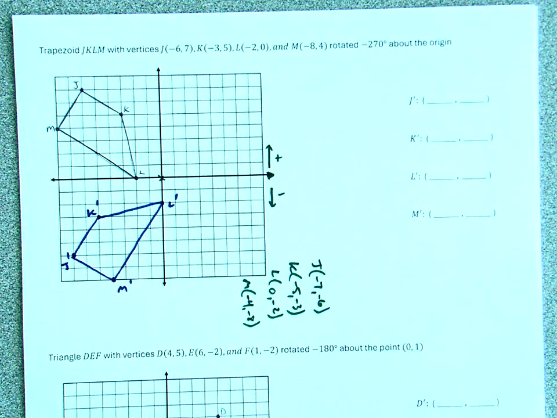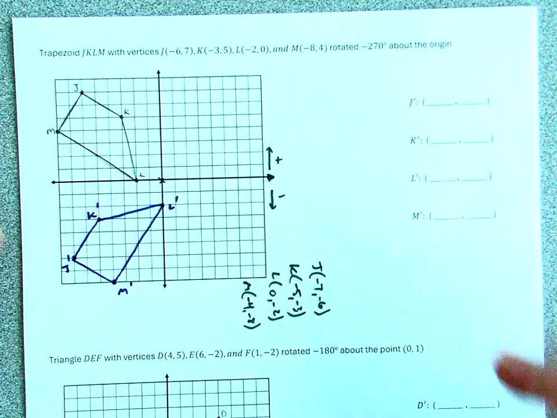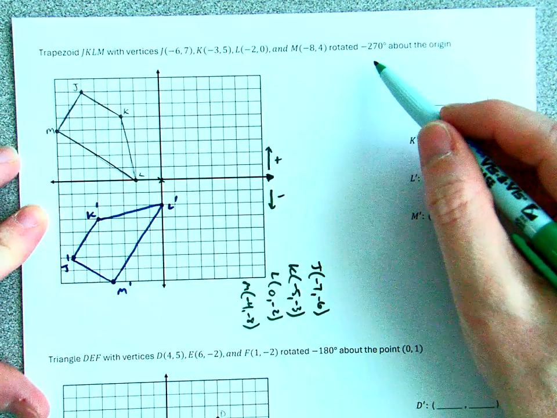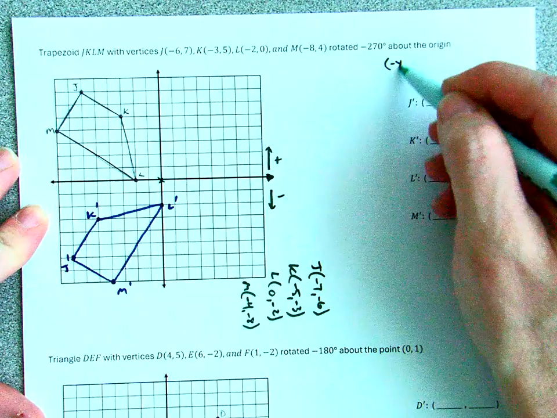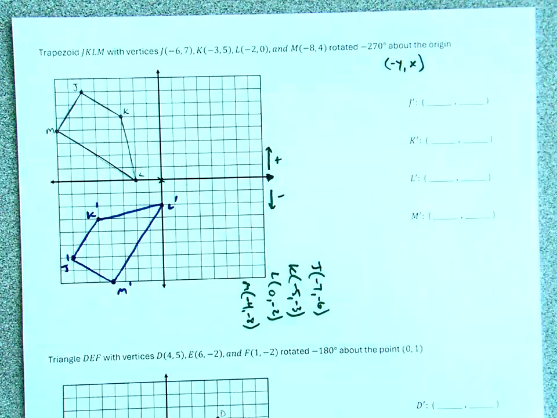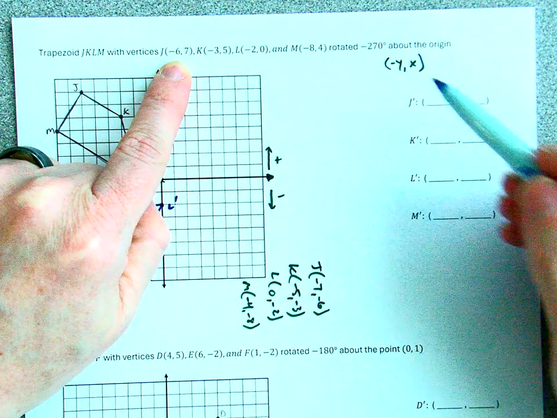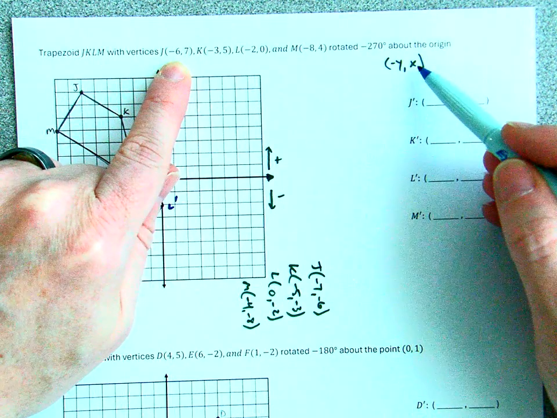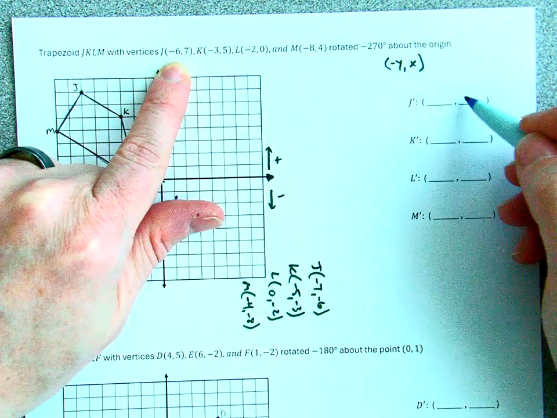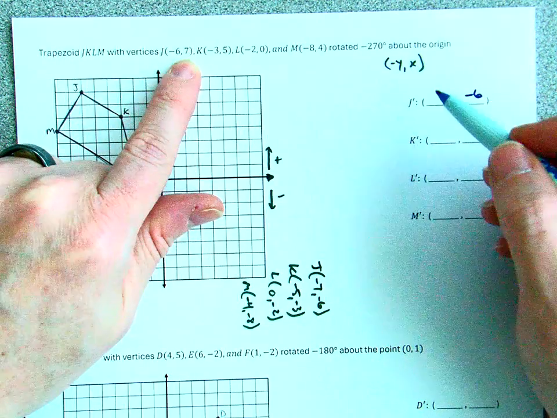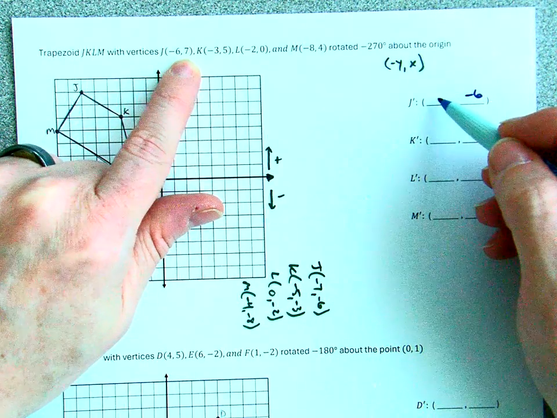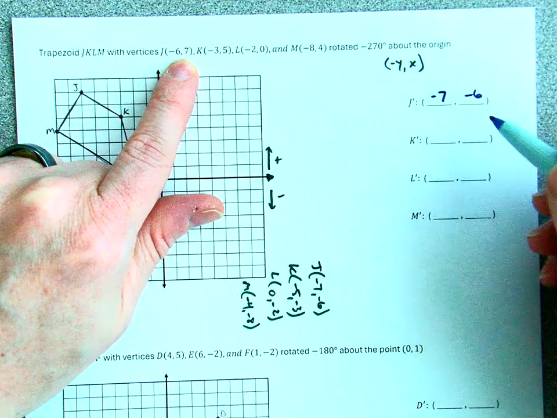Right? Now, if we wanted to not do it with the picture, a -270-degree turn would map our ordered pairs to this position. So we can go through and say the X is going to change position, but it's going to stay the same sign. So this is going to be a -6. The Y is going to switch positions, and it's going to switch signs. So this will be a negative, right?